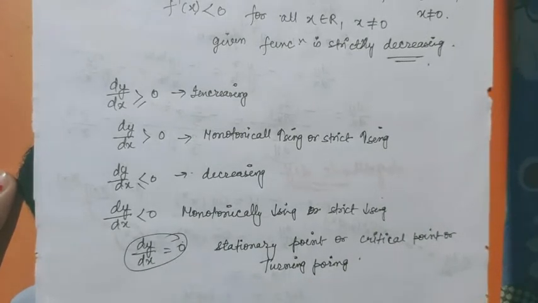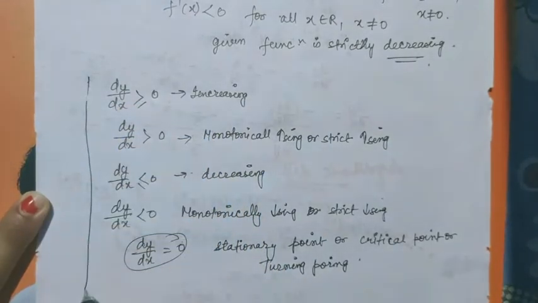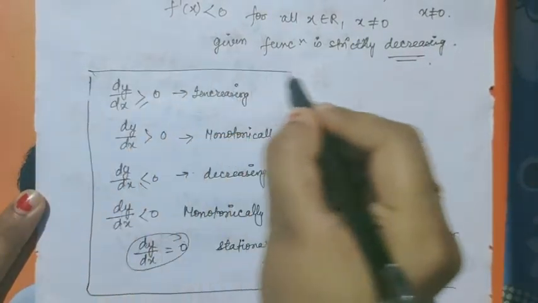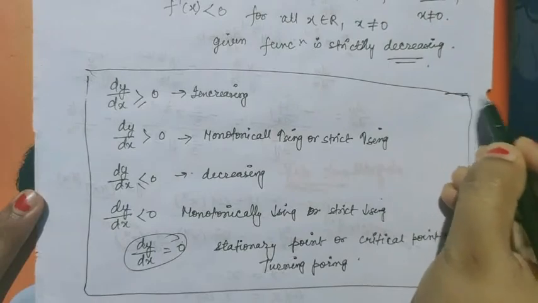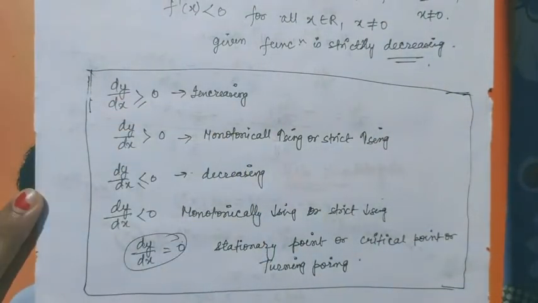Here the function will be neither increasing nor decreasing. Put it in a box. Okay.